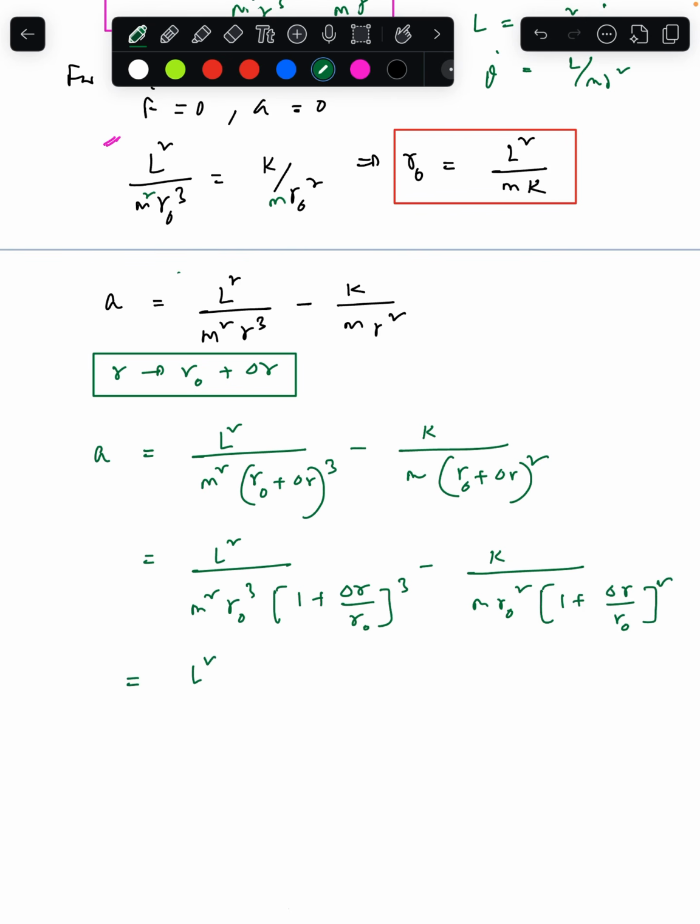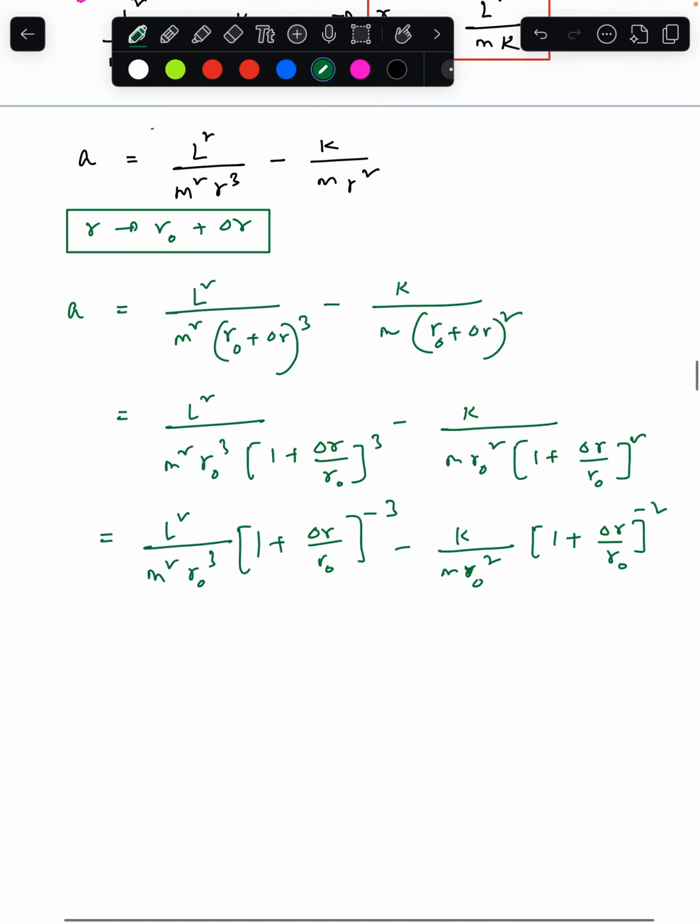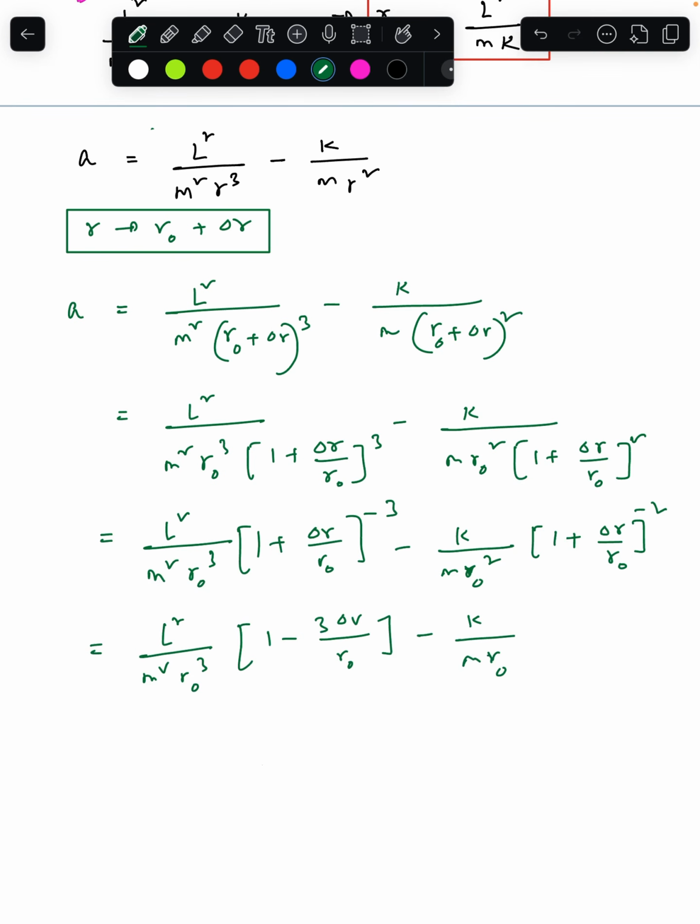So this will become L square by m square r naught cube (1 plus delta r by r naught) to the power minus 3, minus k by m r naught square (1 plus delta r by r naught) to the power minus 2. So there, L square by m square r naught cube (1 minus 3 delta r by r naught) minus k by m r naught square (1 minus 2 delta r by r naught). This is by binomial expansion.